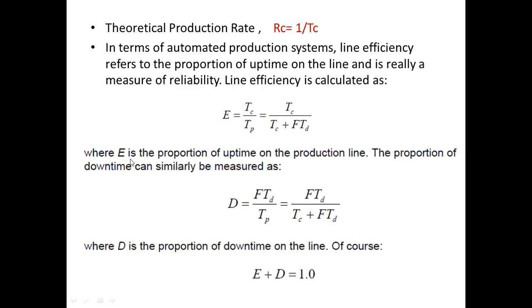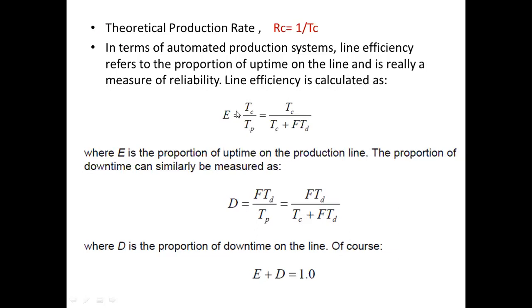E is the proportion of uptime on the production line, and the proportion of downtime can similarly be measured: downtime is calculated as frequency multiplied by TD, divided by TP. You can observe here F into TD divided by TC plus F into TD. So this E is the uptime, or the line efficiency of the system, and D is the downtime of the system.